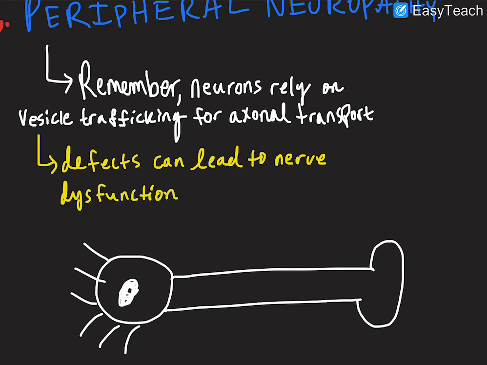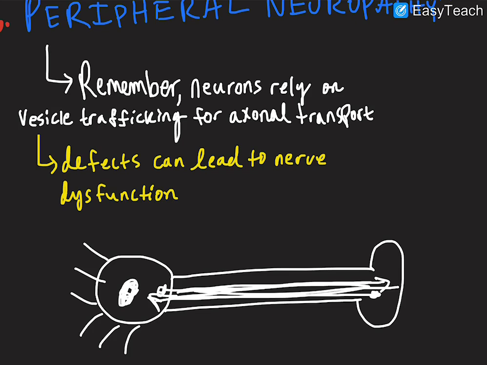Remember, we use dynein and kinesin as our motor proteins to transport things to and from the cell body to the periphery. Your neurons need to do that also, transporting vesicles to and from in order to properly function. But if you can't transport these neuronal vesicles properly because you need microtubules to do this, then you're going to have neuronal dysfunction, one of them being peripheral neuropathy.